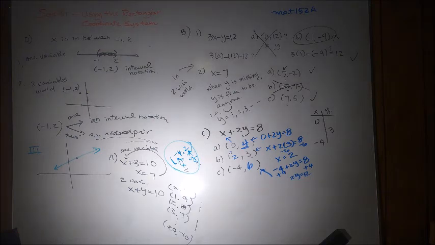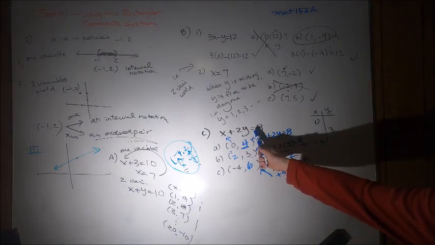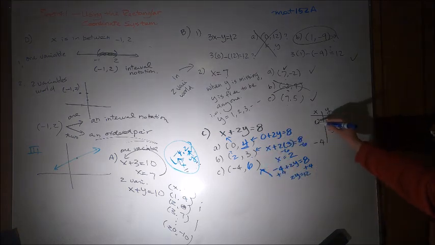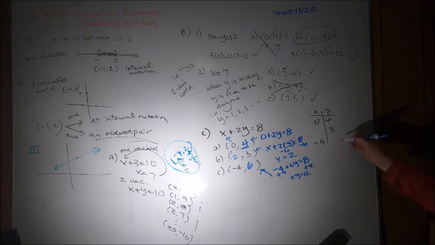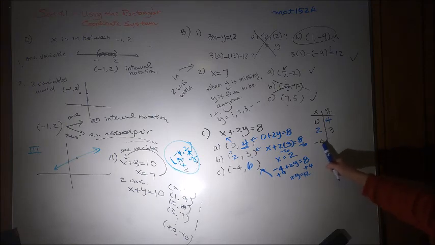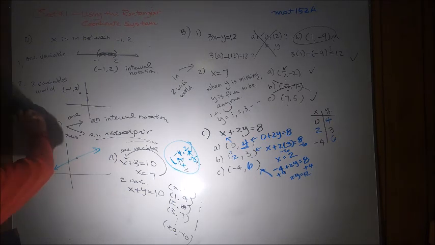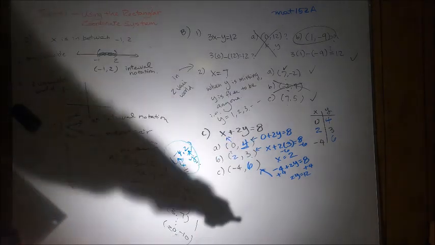All of the pairs will satisfy this equation, right? So if x is 0, y has to be 4. If y is 3, your x has to be 2. If x is negative 4, your y has to be what? 6. That's what we are saying. Okay, all those symbols. And we use what? T-chart, T-table.